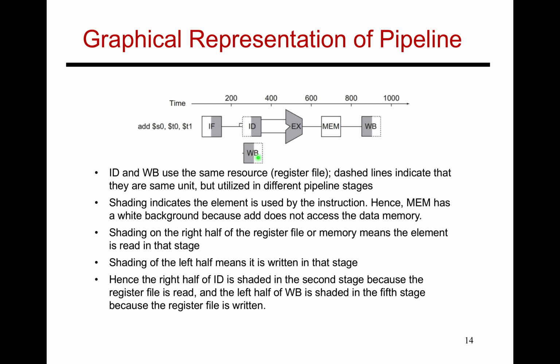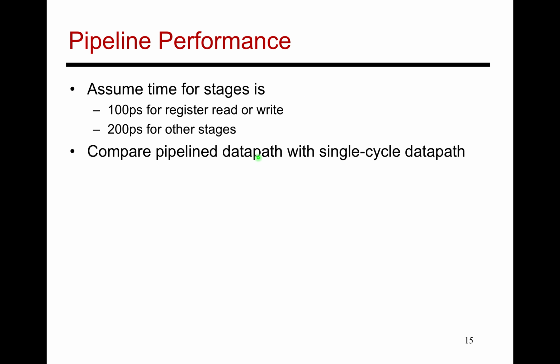So with this in mind and this convention that we're going to use for the future, let's move on and talk a little bit about pipeline performance, and then we'll come back and talk about the pipeline hazards and other pipeline operations. Let's assume that a stage of a pipeline takes 200 picoseconds to carry out.